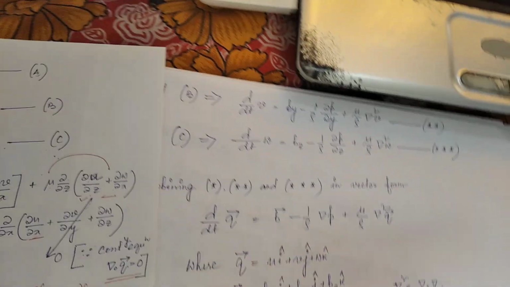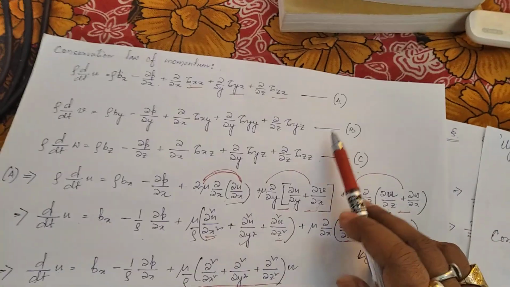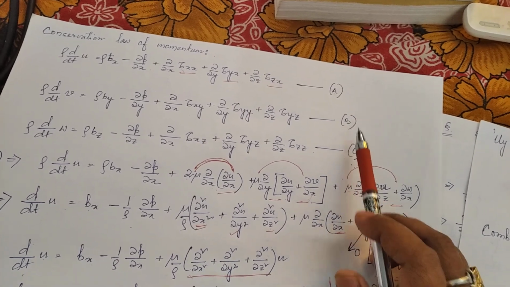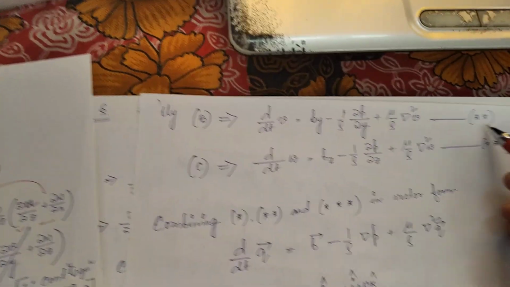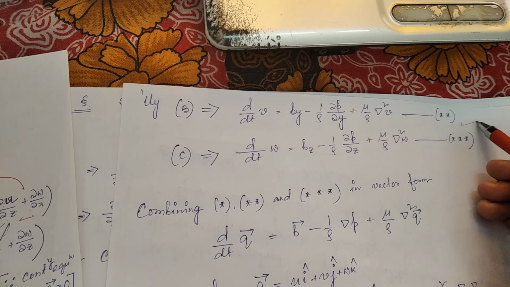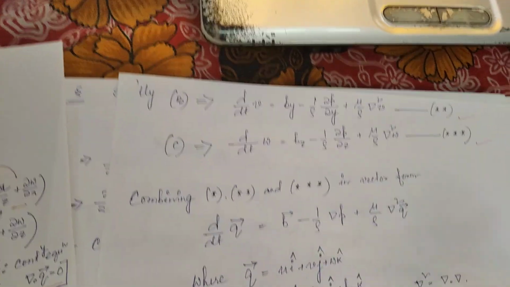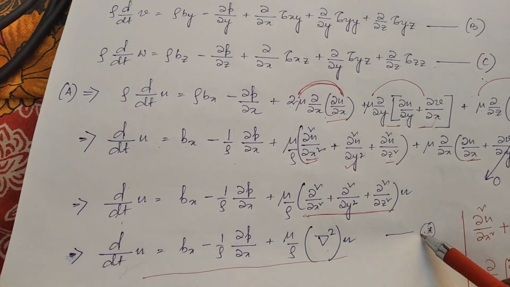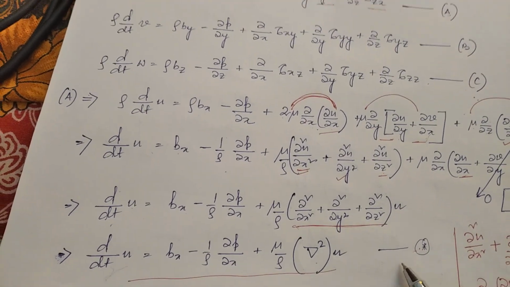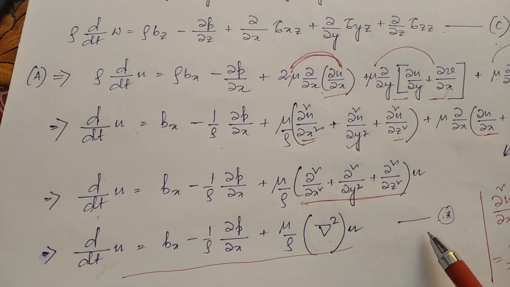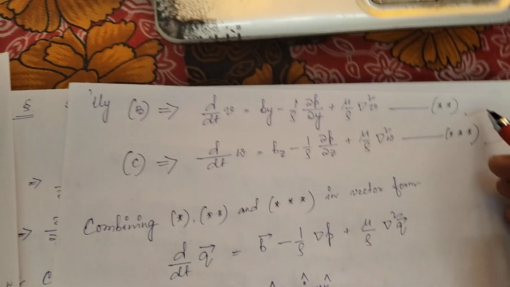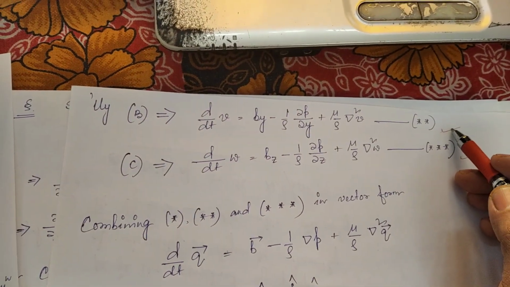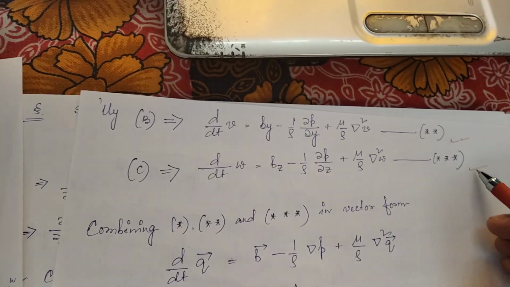In the same fashion, if we proceed for B and C, we get these expressions, which are the simplified forms of B and C. This is star, from the equation along the x-axis. This is double star, from the equation along the y-axis, and this is triple star.